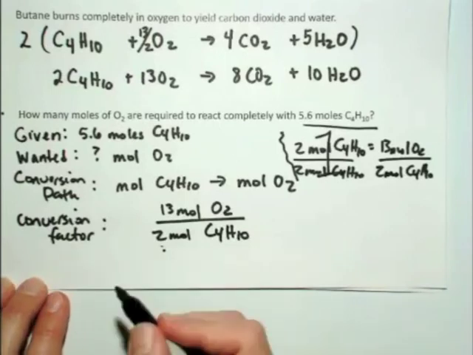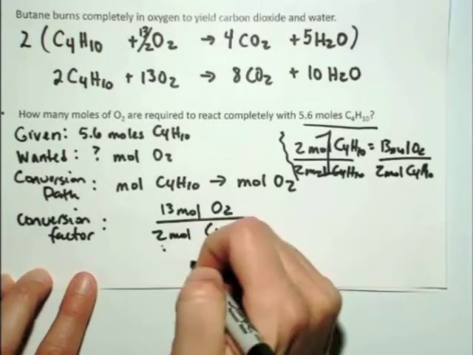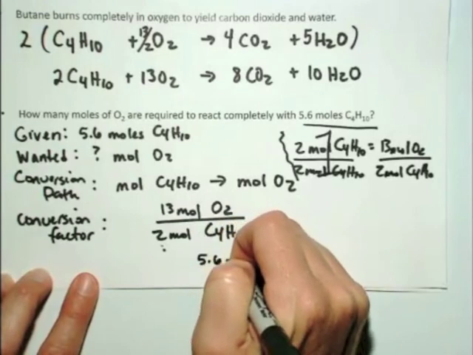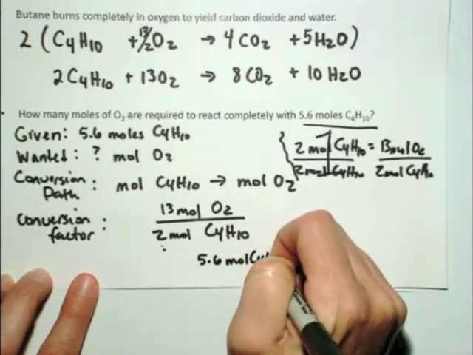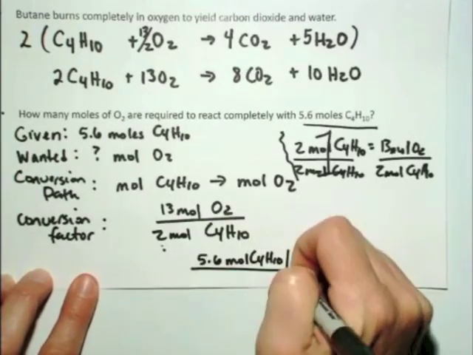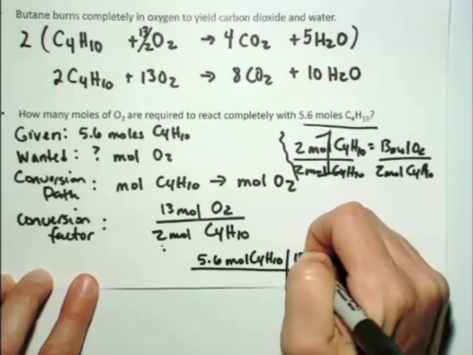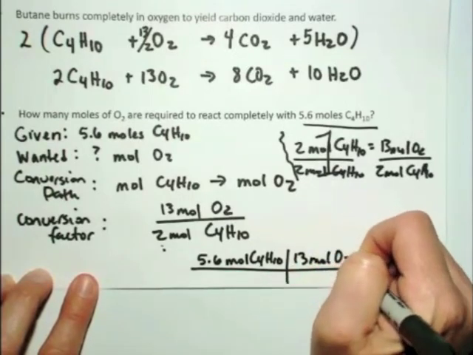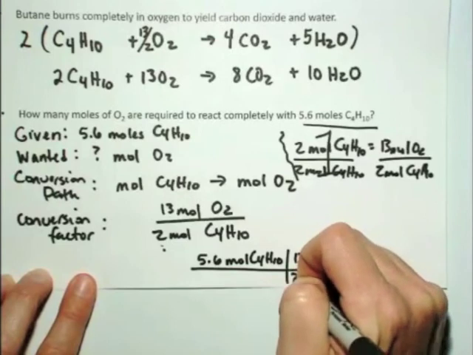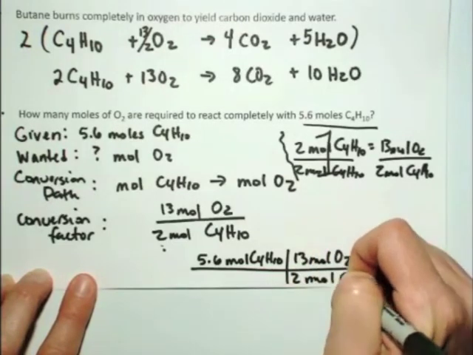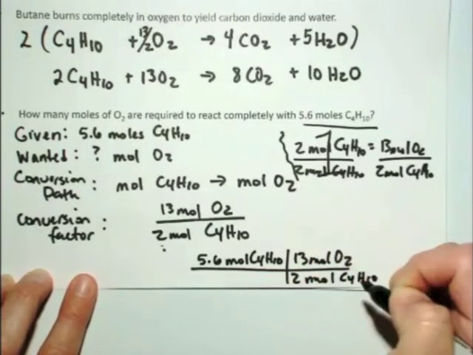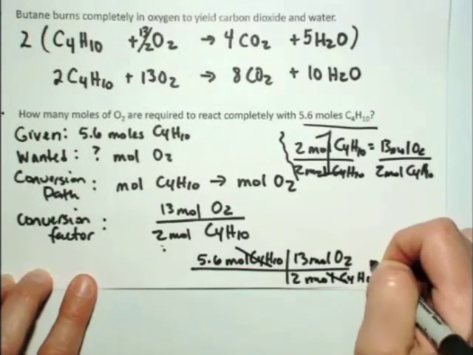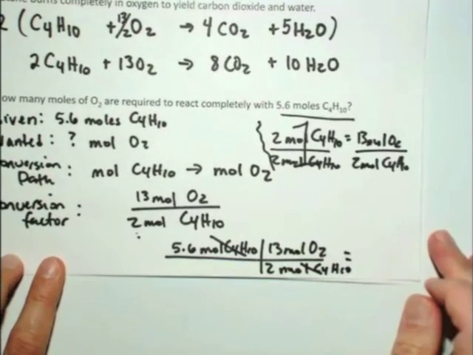All right, and so then just to work the problem, you just start with what's given, 5.6 moles of butane times the conversion factor, 13 moles of oxygen are consumed every time I combust 2 moles of butane. That's what that means. The moles of butane is going to cancel, and we'll be left with the desired units, which is moles of oxygen.